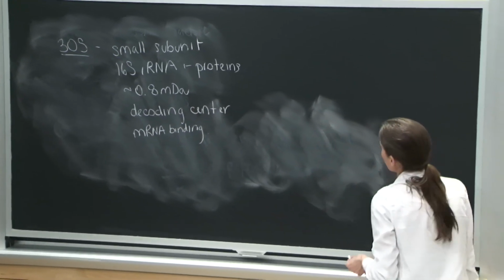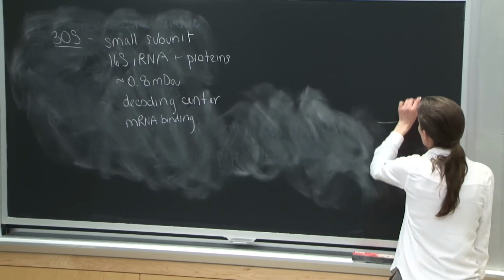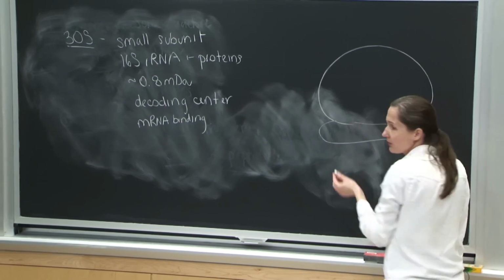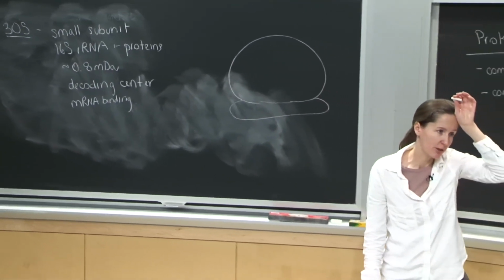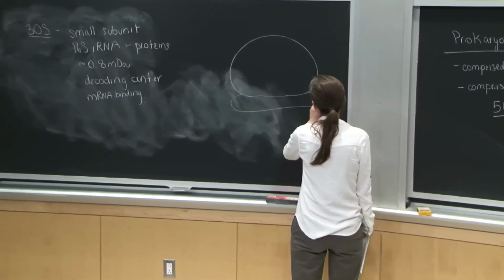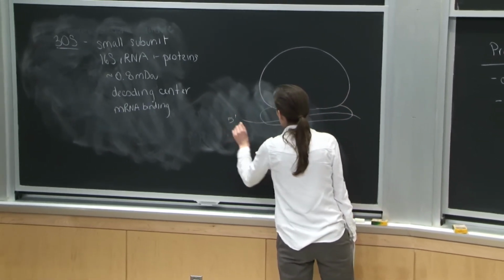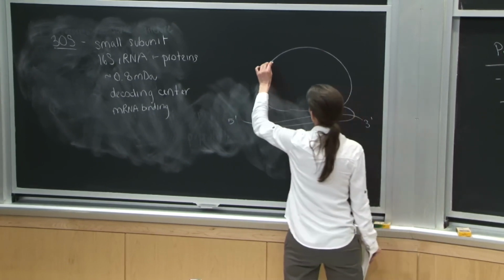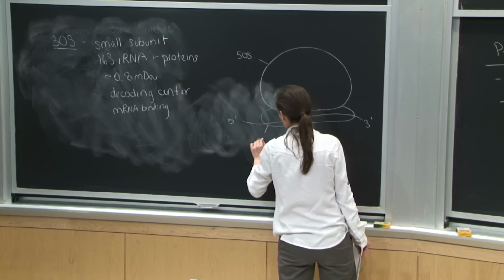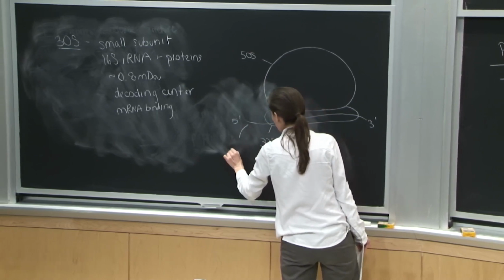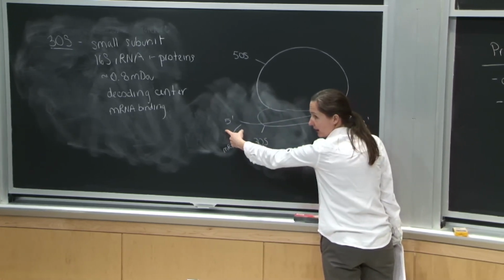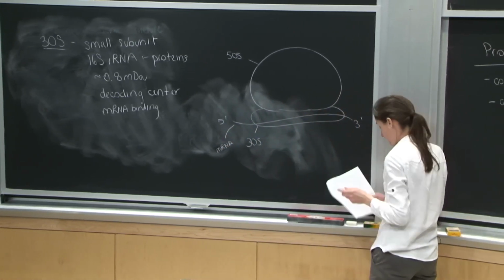If we draw this in cartoon form, and this is something I really encourage you all to do when thinking about the experiments and the problem sets, because that's going to help you understand the experimental design and what actually happened. Here, what we have on top is the 50S subunit, on bottom, the 30S subunit. We have the mRNA, and note the directionality, 5' end here, 3' end here.